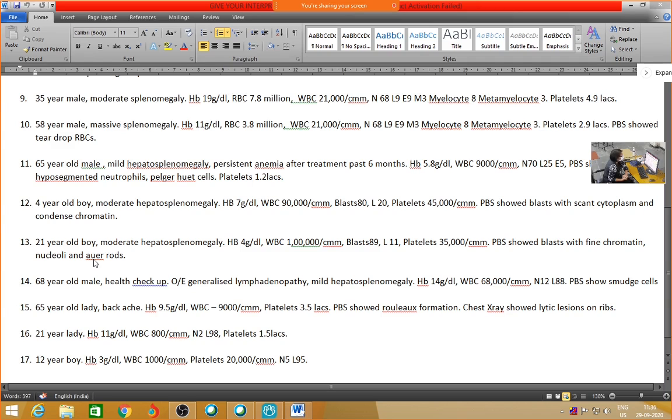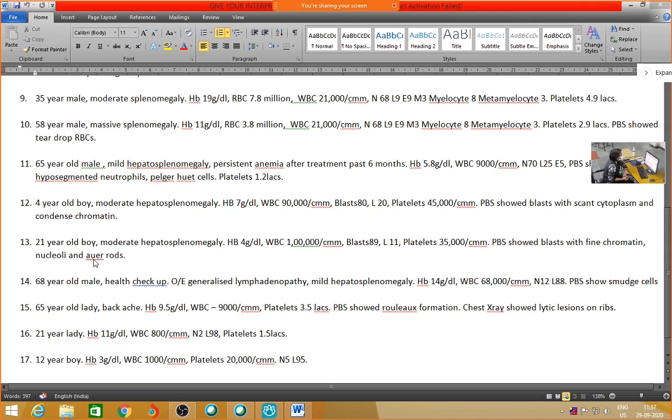Okay, so I think the translocation 15;17, if I'm not mistaken, please check it up. AML-M3, the genetics is very important, and there is targeted therapy for this. Just like CML, BCR-ABL is a tyrosine kinase inhibitor, and there is targeted therapy. In AML-M3, the genetics is very, very specific, and the therapy is very specific.